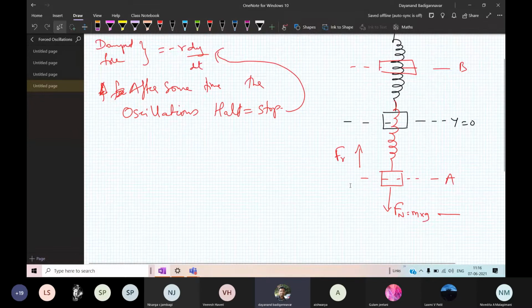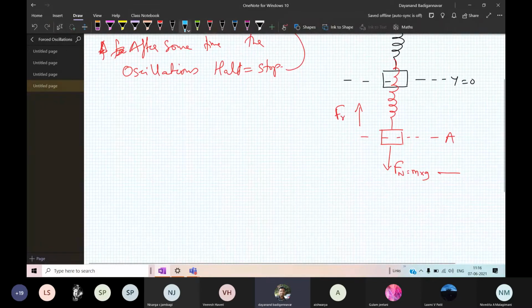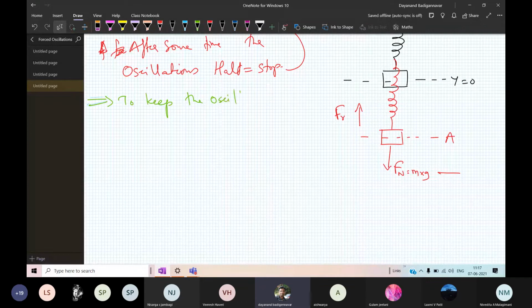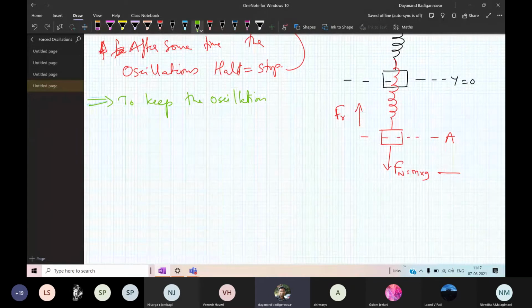So therefore, to keep the oscillations going, I have to apply the force such that it is oscillating.